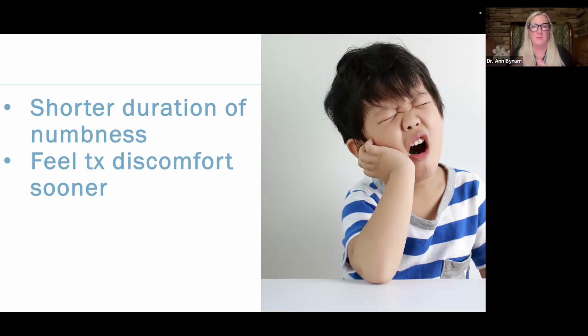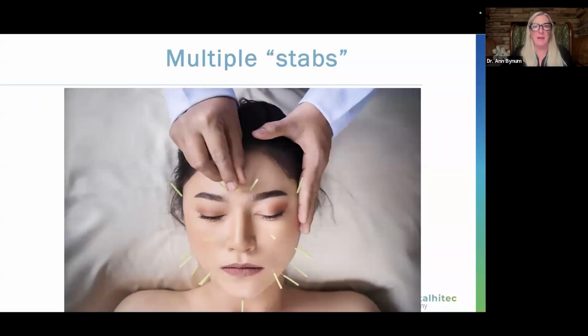We're not numbing kids as long anymore with these devices. And they're starting to feel that treatment discomfort just a little bit sooner. And your brain's going to go straight to, oh my God, it's the newest thing. It's the thing I'm doing different. That's why my patient's hurting. And it's probably not the case. You're probably in your feels in your head about it.